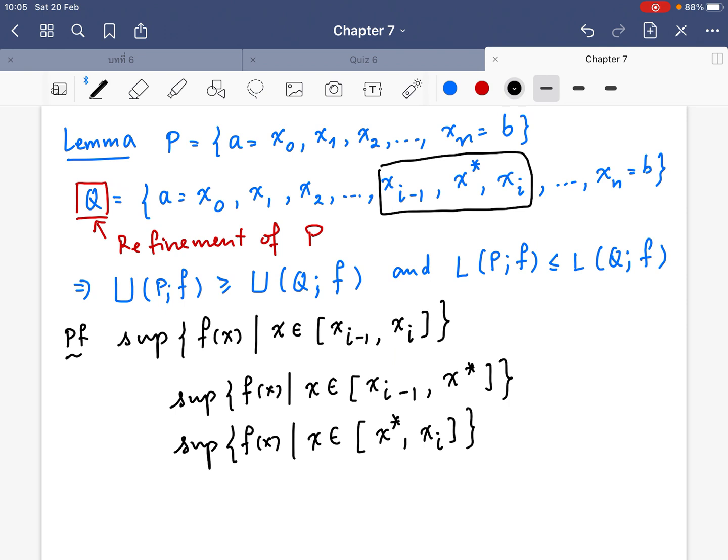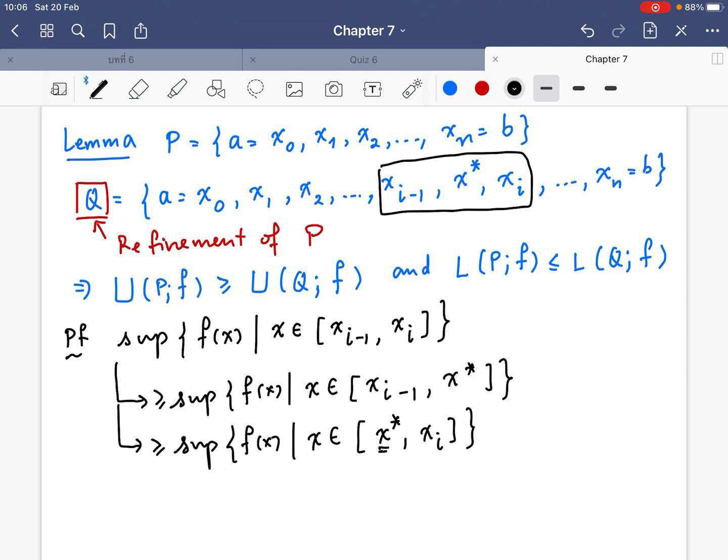So if you need to compare, the supremum of the larger interval will be greater than or equal to the supremum of the smaller one. In the same way, it will also be greater than or equal to the supremum of the other half. I mean, we are not sure whether it's exactly half or not, but it is just on the right hand side of your new point of division here.